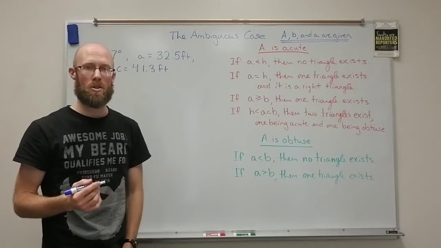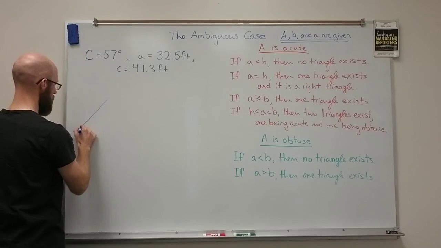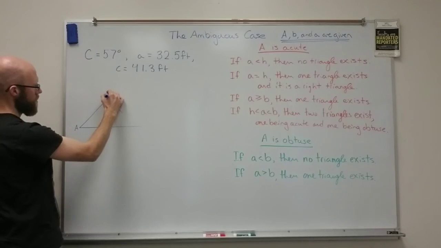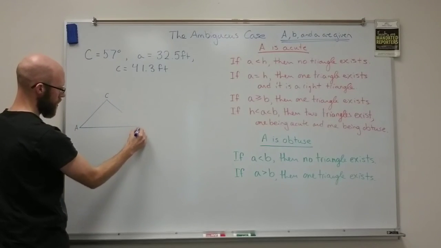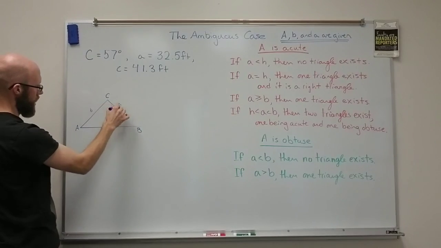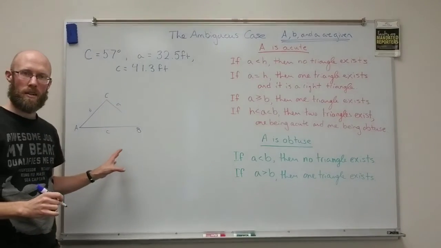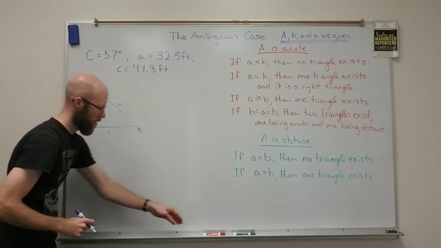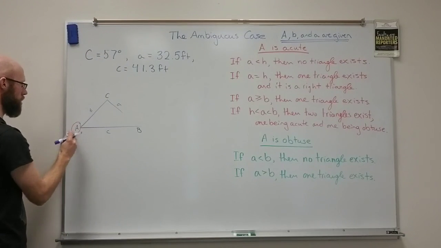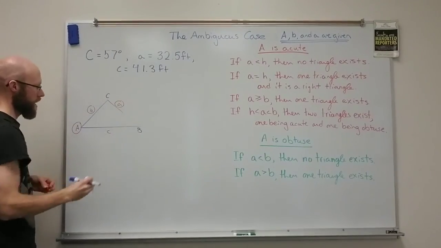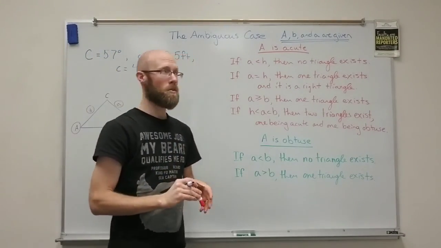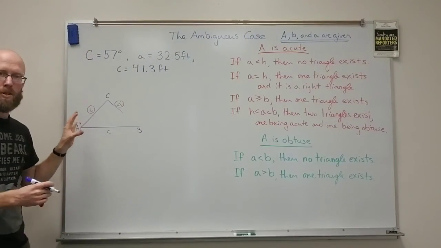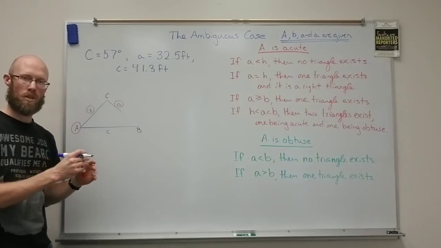I think the best thing is to think about the original triangle, with angle A, side B, side A, and side C. We talked about the three given pieces of information being angle A, side B, and side A. So if I give you C, A, and C, then you can set up the triangle in a similar way. You just have to switch things around.